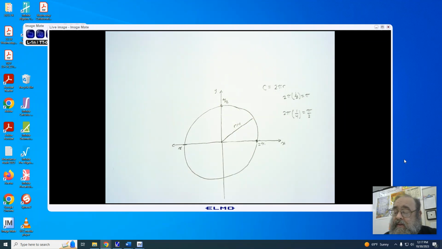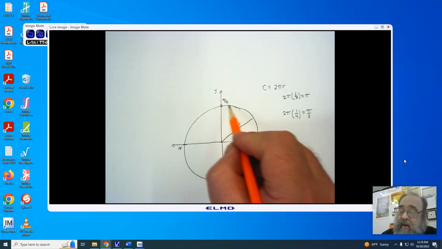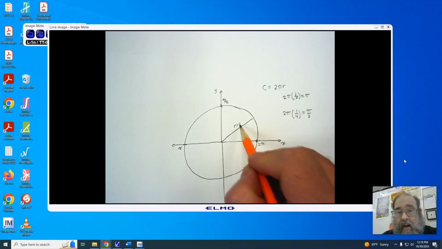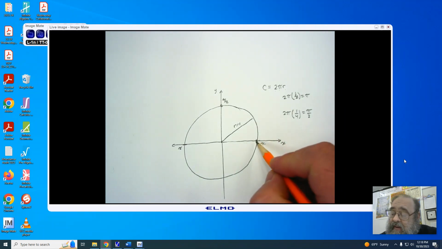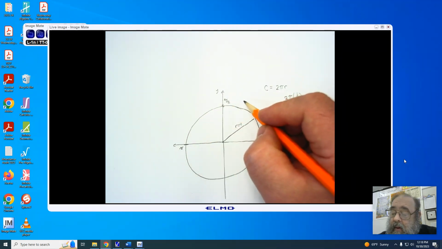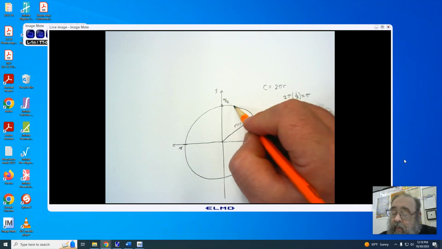So what you'll notice is I am finding the length of my circumference when the radius is 1. Well, that's ultimately what radians are. How many lengths of the radius go around the circle? If I'm looking at 1.5, this is about 1.5.